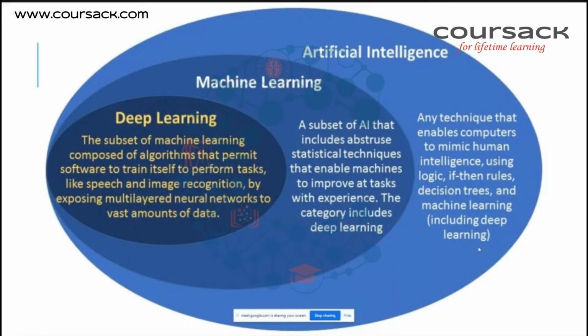But there are some subsets of that which are now emerging a lot. People talk about machine learning. Instead of using a set of rules and guidelines, machine learning tries to identify patterns in the data. That is the beauty of machine learning, where it tries to identify how input and output are related.